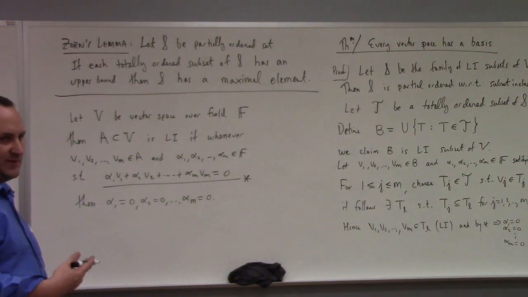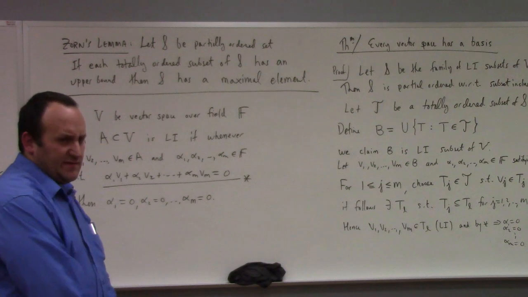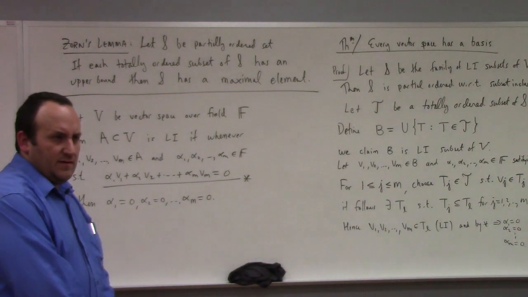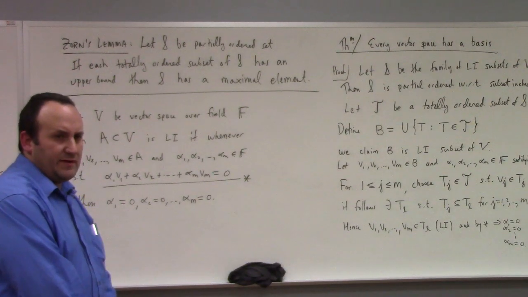So it's a little bit sneaky what's going on here, right? I mean, he's using the vectors to pick out the sets. And the reason that he can pick out sets is what? It's that total ordering, right?